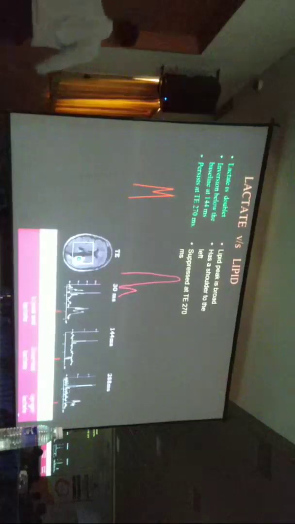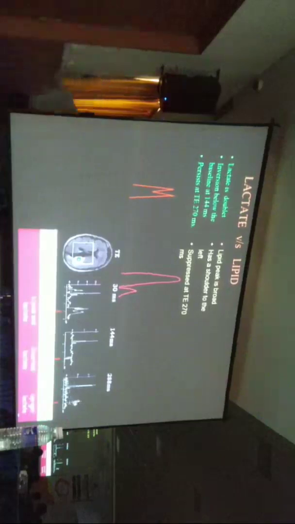So in that way we can differentiate. At 288, again lactate will be going upright, whereas the lipid will not be seen here at 288. The best thing is that you have to do intermediate TE. If it is going down, it is lactate. If it is upright, then it is lipid. In that way, we can differentiate lactate and lipid.